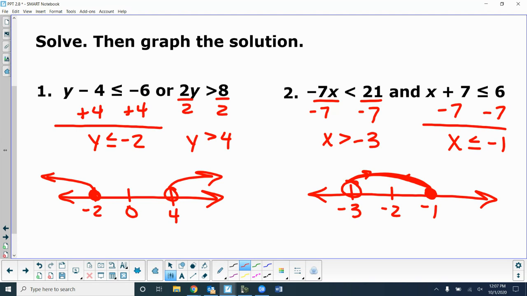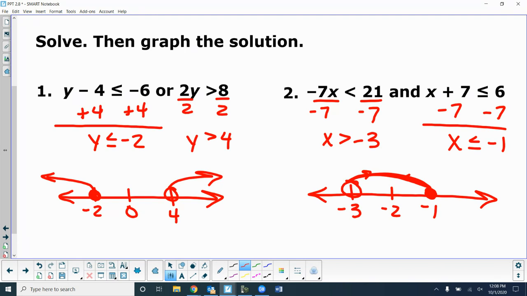Yeah. We're looking at the conjunction, you always connect them, because you just said like 90% of the time, it usually happens. Yeah, we'll just connect them if they're going towards each other. If they were going away from each other, and it's an and, what's that telling you? Yeah, there's no solution, because there's nothing that works for both.